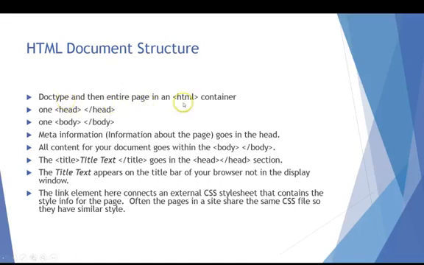Then the entire page is in an HTML container, and it has a head and a body. Meta information goes in the head. All the content of our document goes within the body, and then the title goes in the head, and that'll be displayed on the title bar of the browser display window, not inside the window, okay?